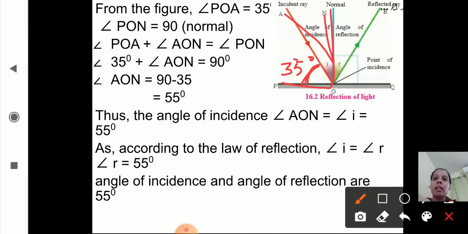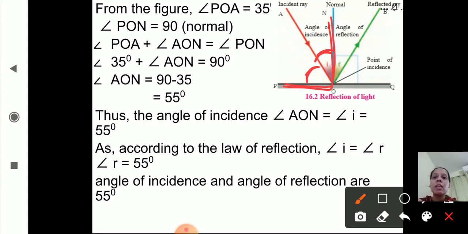So angle POA plus angle AON is equal to PON, which is 90 degree.